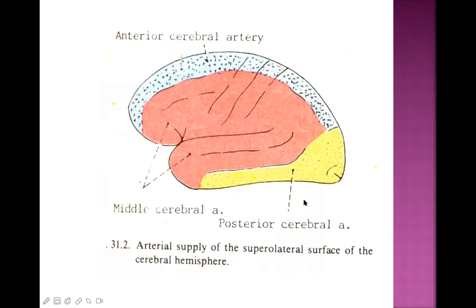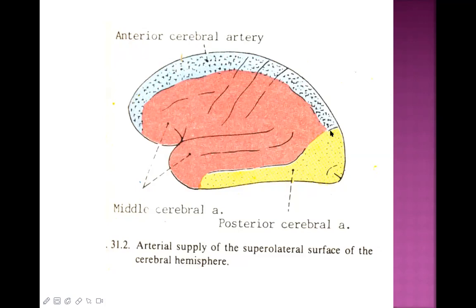Now this diagram looks very simple, but it carries a lot of meaning. See this, a small strip on the superolateral surface is supplied by the anterior cerebral artery. This whole area on the superolateral aspect is supplied by the middle cerebral artery, and this yellow area is by the posterior cerebral artery.